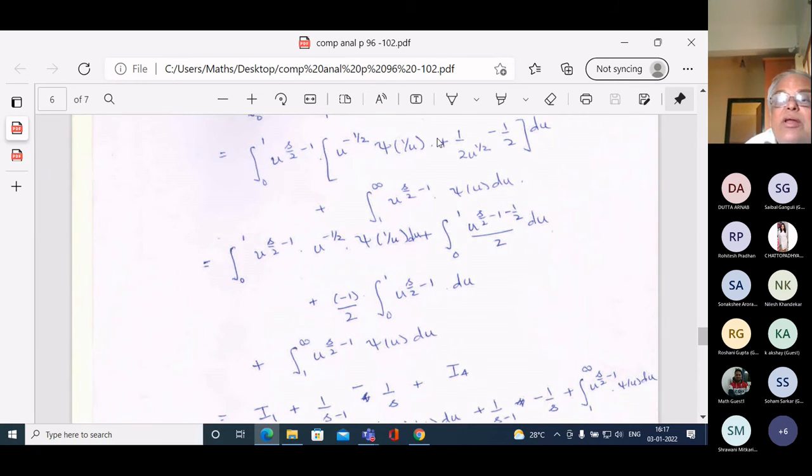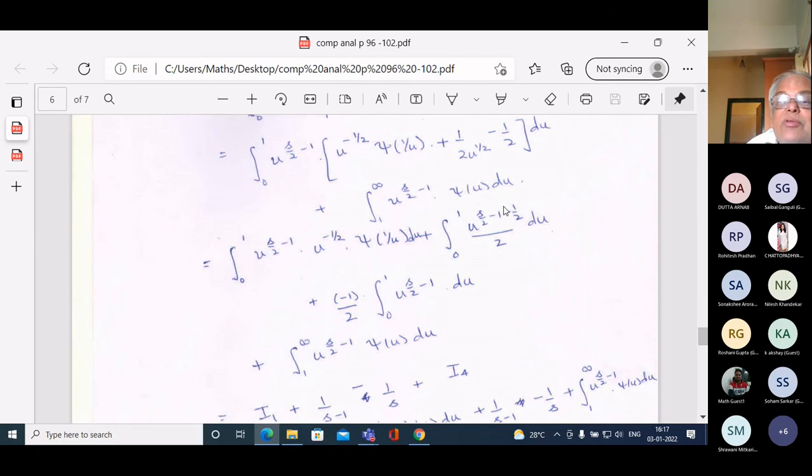Now, here I have four terms. U to the s by 2 minus 1, u to the minus 1/2 psi 1 by u du. And then I have this particular integral, u to the s by 2 minus 1 with a 1/2 into u to the minus 1/2 du, and u to the s by 2 minus 1 into minus 1/2 u du.